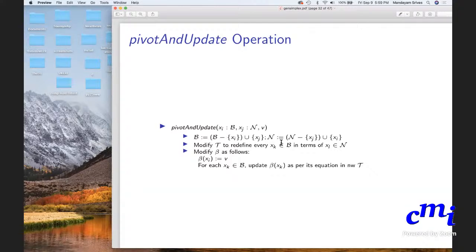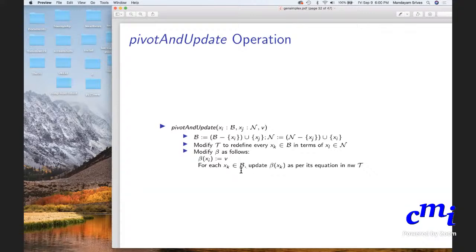Then it flips the variables, modifies t to redefine all the equations, and then it modifies beta by updating the basic variable whose violation is being fixed to either the lower bound or the upper bound, as per the violation.